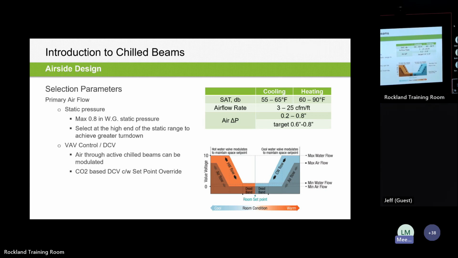But if you wanted to ramp that down to 0.2 inches of water column to reduce the outside air to the space, you can do that. And really the reason for that 0.2 minimum is maintaining induction through the coil and keeping that velocity appropriately high for that negative pressure above the coil.